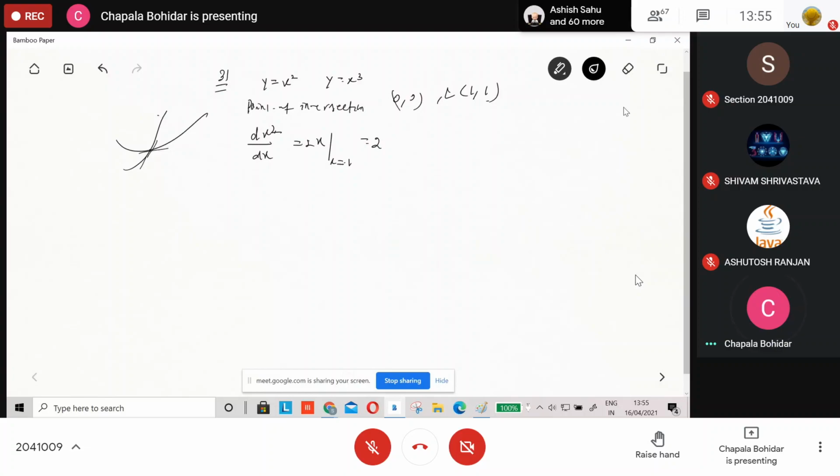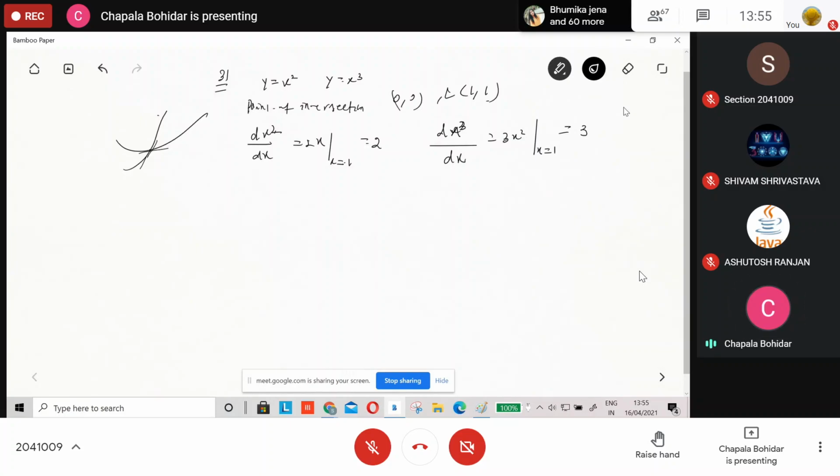Clear? Similarly, d of x cube by dx is 3x square. At 0 it is 0, at x equal to 1 it is 3. So we get 2 and 3 as the slopes at the point 1, 1.